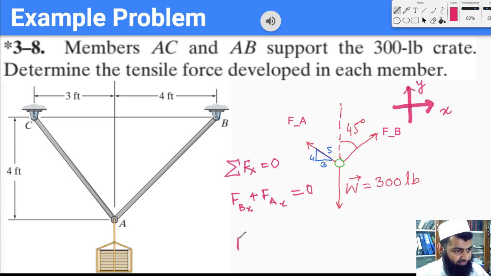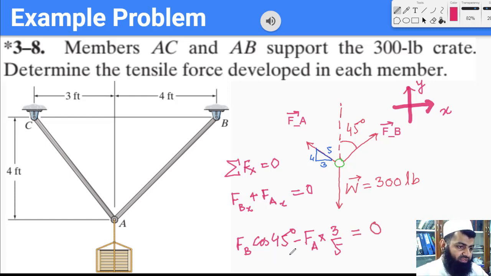This is just equal to the magnitude of FB, times cos of 45 degrees, and with a minus sign because this has a negative x component, we have FA times cos, which is just 3/5, and this has to be equal to 0. So this is our equation in the x direction.